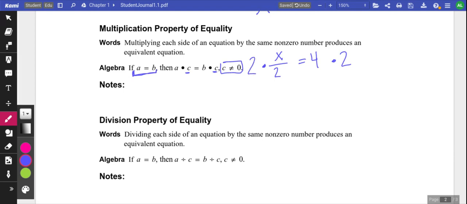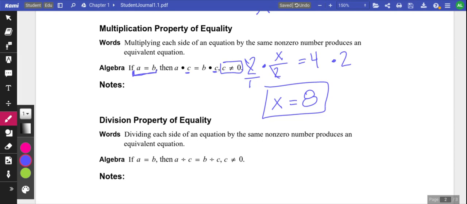Remember, if you've got a fraction and then just a number, you can change the number to 2 over 1. Our 2's cancel out. x over 1 is the same thing as just x, so you end up with just x. And 4 times 2 is equal to 8. That makes sense in our original equation: 8 divided by 2 is equal to 4. So that's our solution.